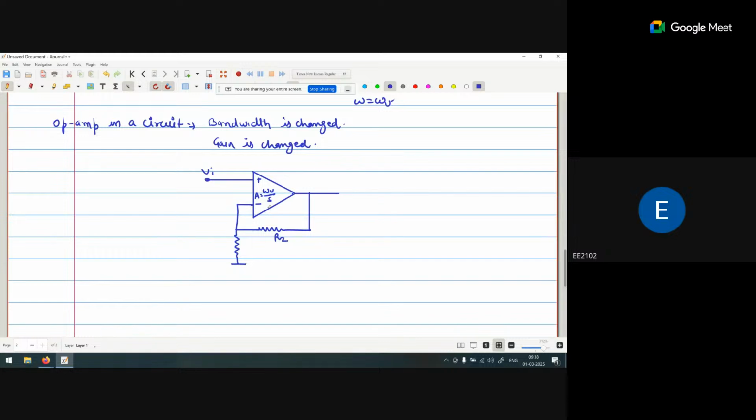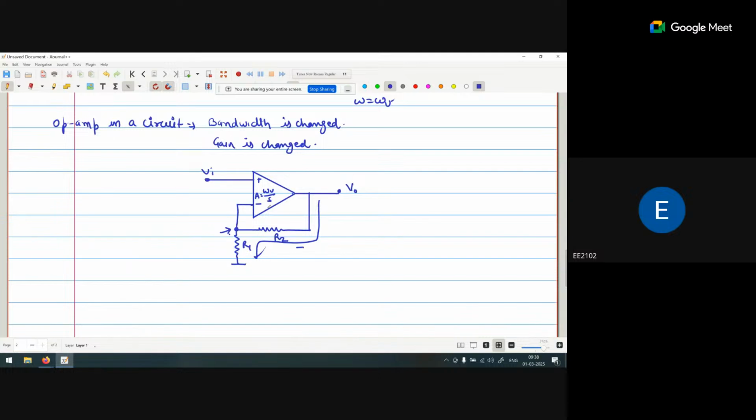with resistor values, this is R2, this is R1, V naught. So can I calculate the voltage at this point? What is the voltage at this point? First of all, I calculate the current.